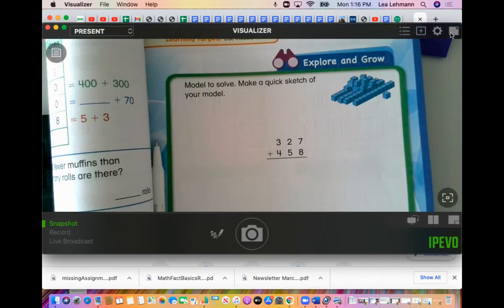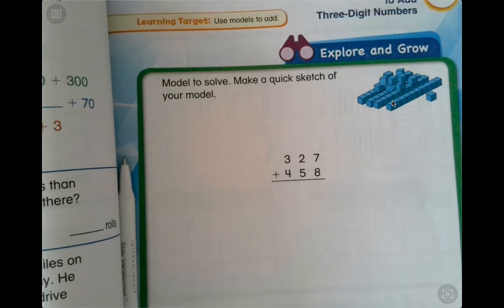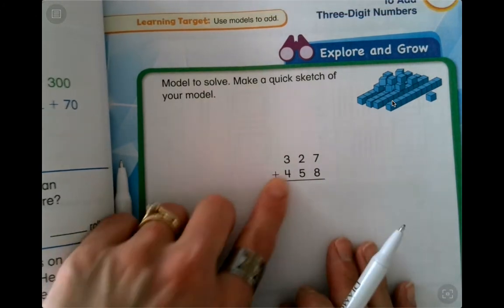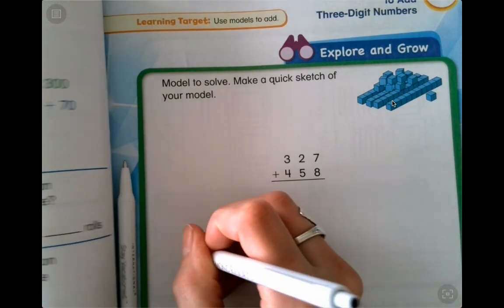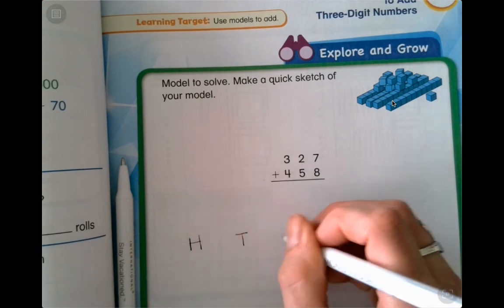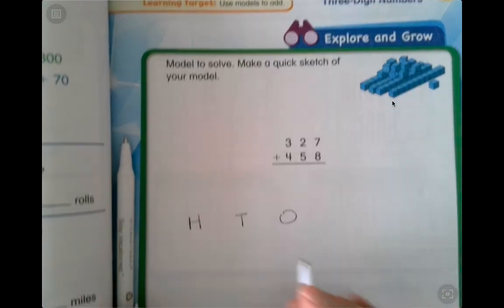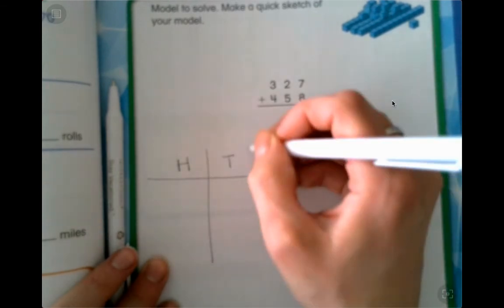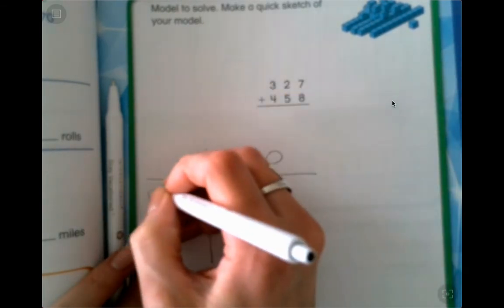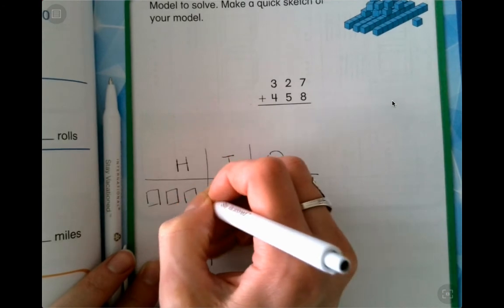Okay, so here's what you should have had for your drawings or your model. So your 327. Here's what I'm going to show: hundreds, tens, and my ones. I'm going to draw it for you guys. So I'm going to draw my first hundreds: 1, 2, 3.